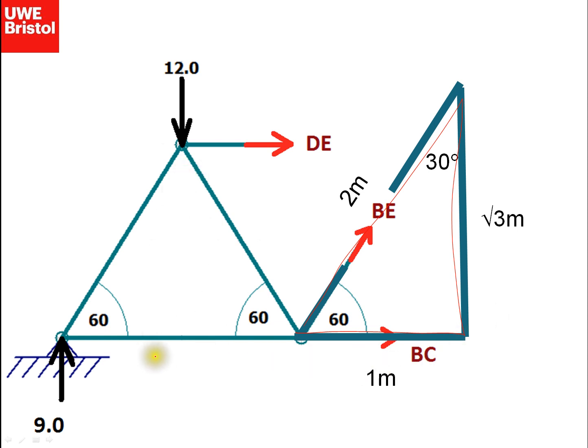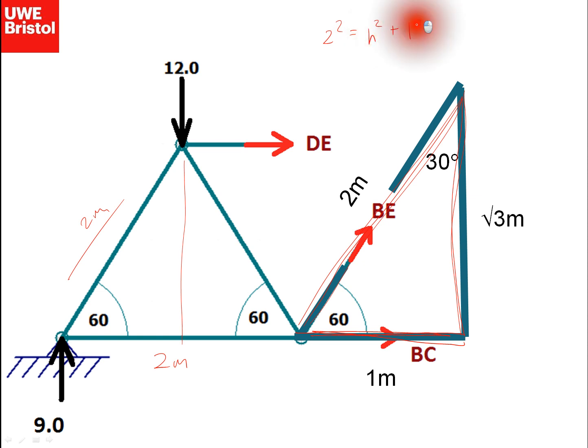So we know these are 2 meters, 2 meters, okay? So if I split a triangle in half, we've got 1 meter. If we go straight down, we've got 2 meters going along here, and going down here I'm going to use Pythagoras. So 2 squared equals the height squared plus 1 squared.